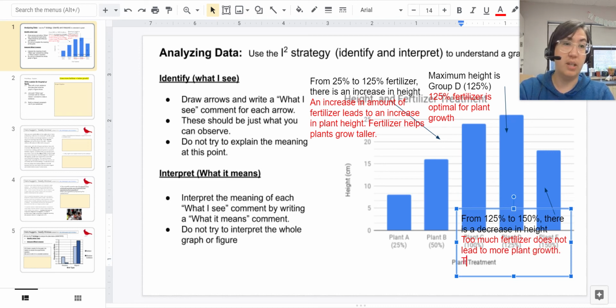Or we could also say there is a limit to the amount of fertilizer that is beneficial.